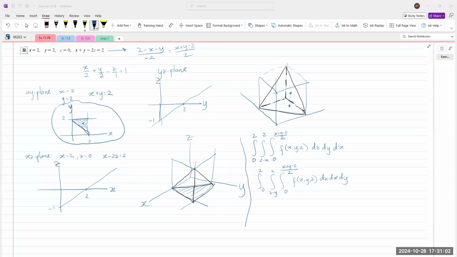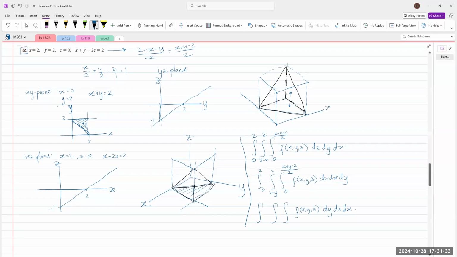Okay, so the xy plane is done. How about the xz plane? So dy dz dx.